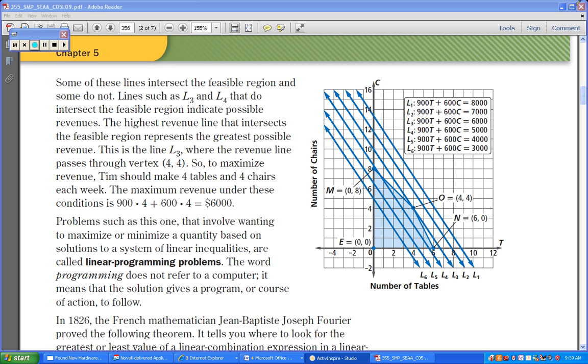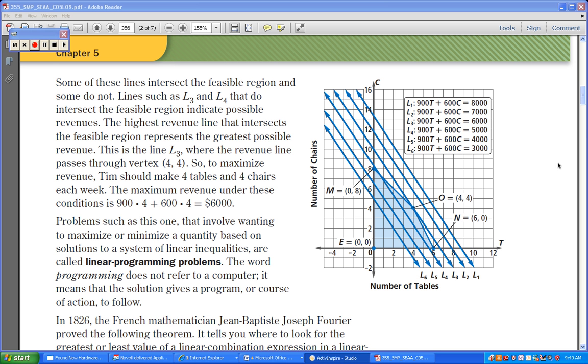If the line had a flatter rate of change, and they were all parallel, it would hit this point first. If it was steeper, it could possibly have hit this point first. It will always happen at one of these vertices of the feasible region. And this is what linear programming is.